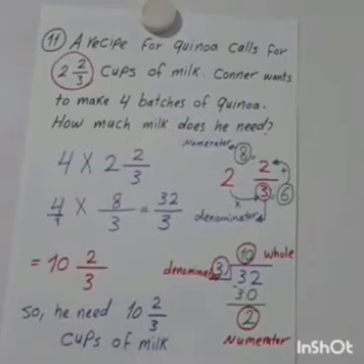And then 4 times 8 equals 32. Okay, do you remember it? 4, 8, 12, 16, 20, 24, 28, 32, 36. Okay, so 4 times 8 equals 32. Then over 3. Then what I will do again is change the fraction greater than 1 to a mixed number to know how many cups of milk he needs.